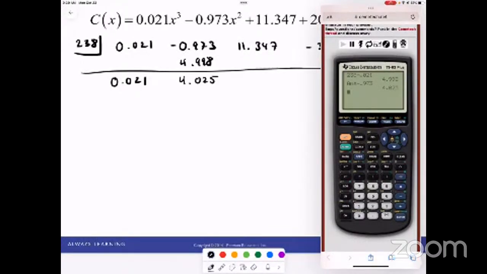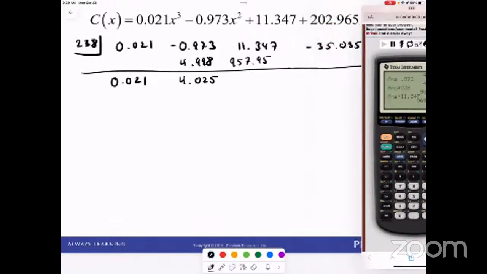We're going to say times 238. We get 957.95. We're going to say plus 11.347. We get 9. Ooh, something's off. 3, 2, 1.